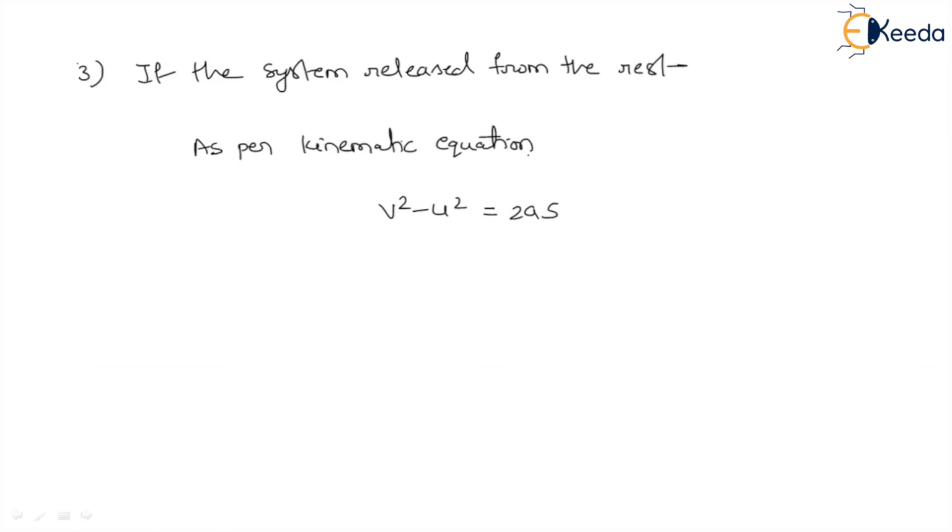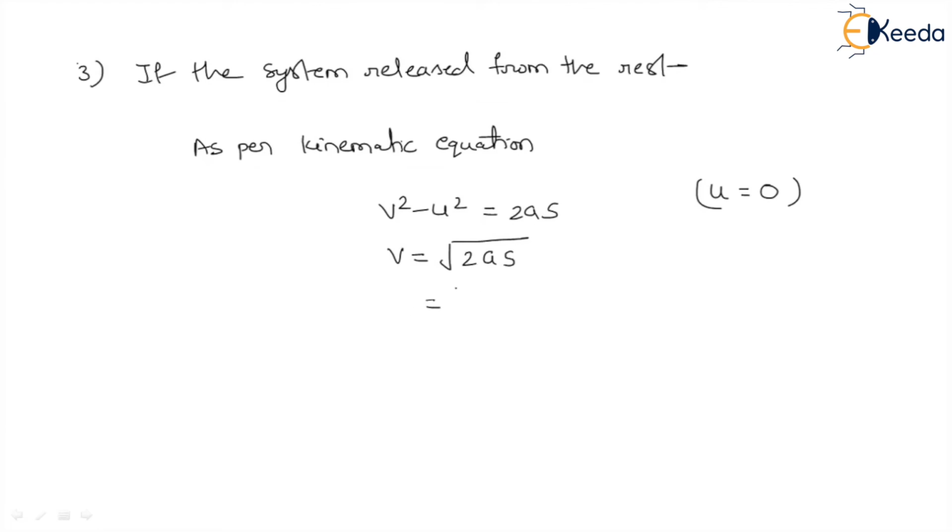Here we will apply the equation of motion, or kinematic equation, v square minus u square equals 2as. At the initial condition, u is the initial velocity, so u will be 0, only v will exist. Accordingly, we can define the final velocity v as root of 2as.